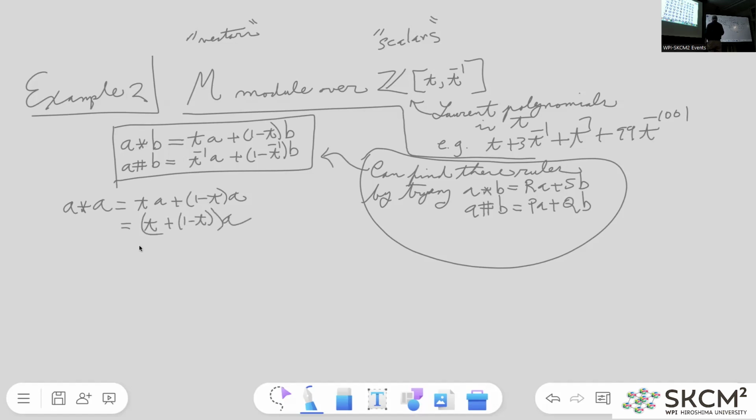Module rules are the same, and this is 1 times A, and the scalar 1 times a vector is equal to the vector. So see, you're just behaving as though we're vectors, but it's more general than vectors. You're drawing those scalars out of a different ring.